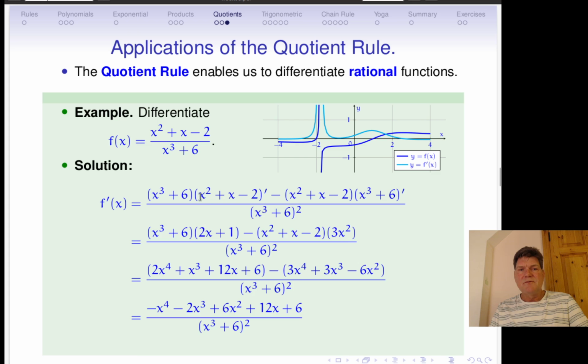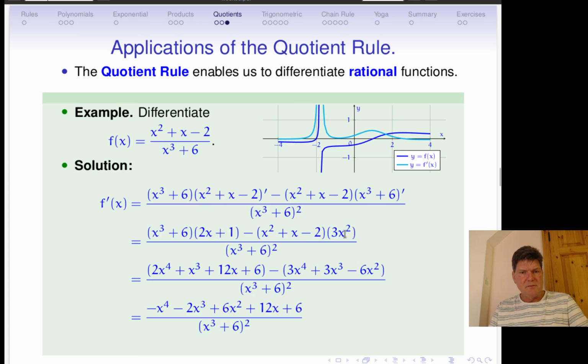The derivative of x squared plus x minus 2 we can calculate as the derivative of a polynomial. That's the derivative of x squared plus the derivative of x gives 2x plus 1. The derivative of x cubed plus 6 is the derivative of x cubed, which is 3x squared.